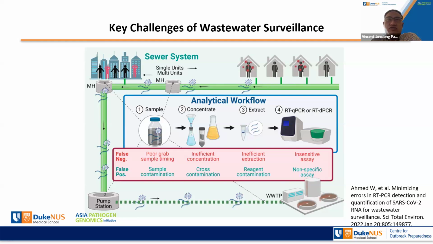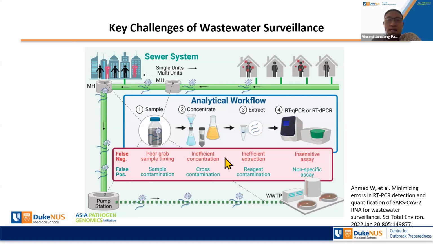And in terms of false positives, there will be some potential sample contamination from other industrial discharges or environmental contaminants that may affect the integrity of the pathogens that you are testing. And in terms of concentration, there may be a need for trial and error on which methods would be more efficient in concentrating some of these water samples. There could also be cross contamination if we are collecting more than one sample from different sources.